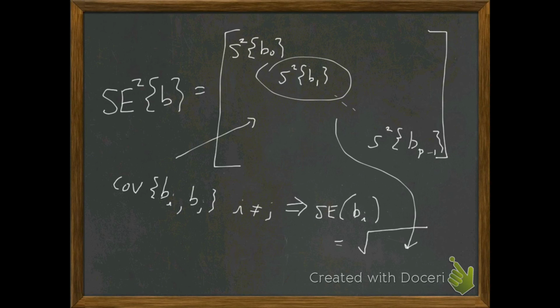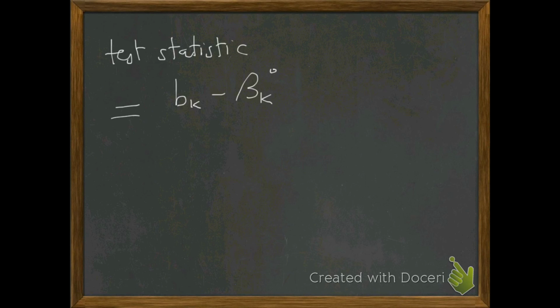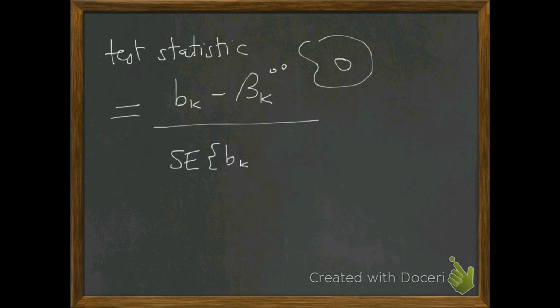It's easy to do. So officially, what would we do? We'd have our test statistic, which would be equal to b sub k minus beta sub k, and think of this as almost always 0, over the standard error for b sub k.